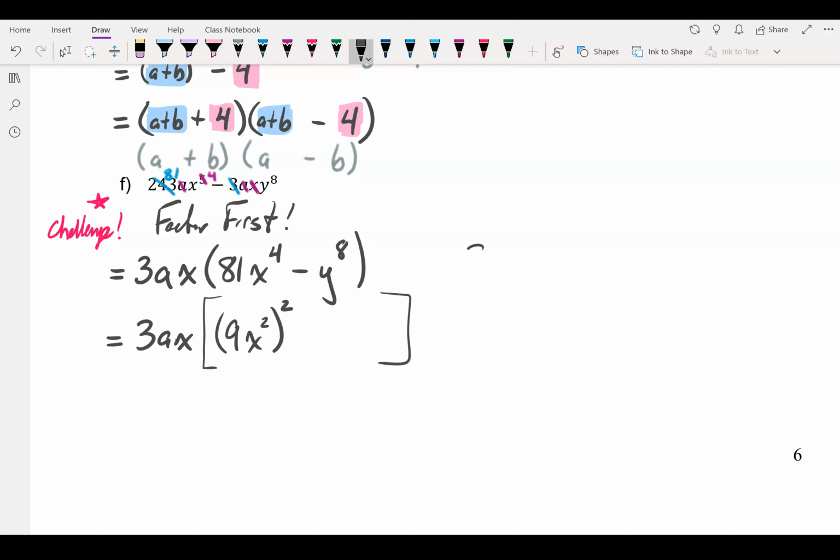Where did that come from, in case you're wondering? This is the square root of 81. This is the square root of x to the power 4. The square root of 81 is 9.